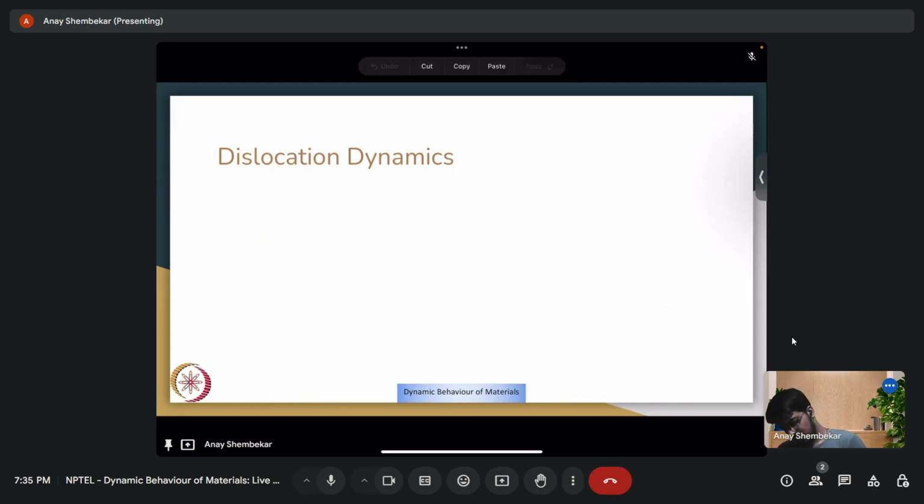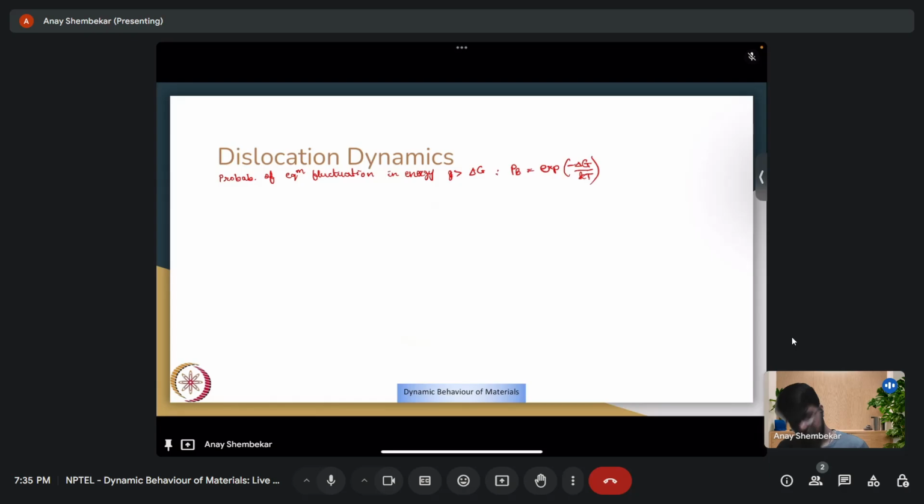So we'll delve a bit into statistical mechanics. The probability of an equilibrium fluctuation in energy of a system greater than delta G, as per statistical mechanics, is given by P_b equal to exponent of minus delta G by kT, k being the Boltzmann constant, T being the temperature in absolute units.